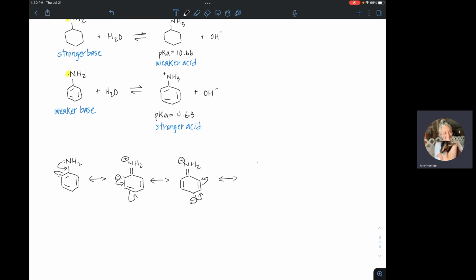And you can't do this with cyclohexylamine because the electrons are not part of a conjugated pi system. There's no place, how are you going to delocalize them, you know? You don't have that conjugated pi system.